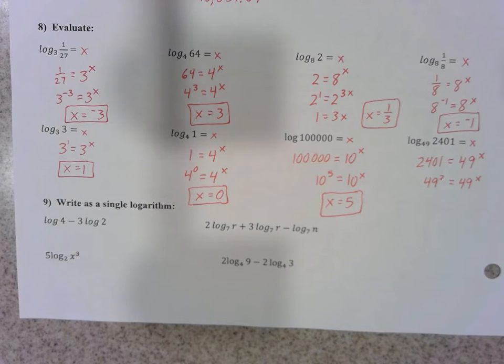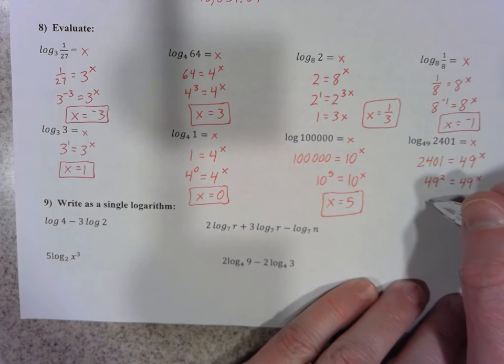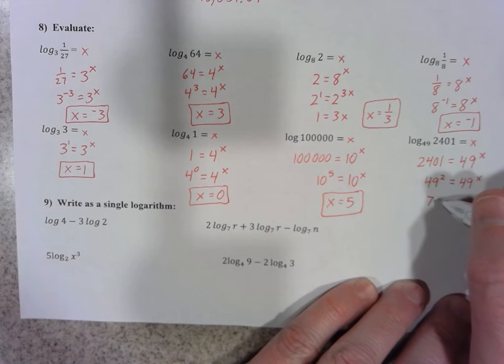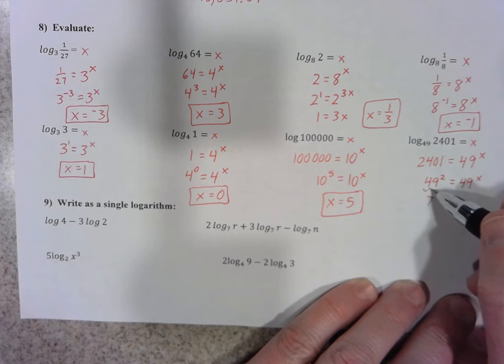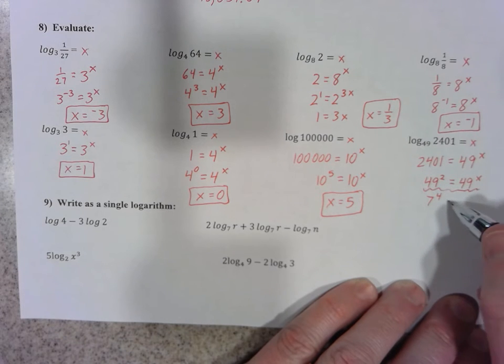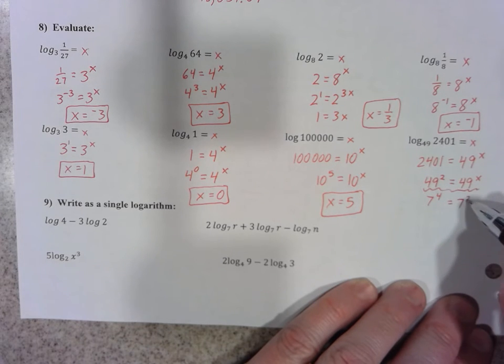But if you don't, because that's not necessarily on the green sheet, another option here is we could rewrite both of those as a power of 7. And so another way to write this would be that 2,401 is 7 to the 4th power and 49 is 7 to the second power.